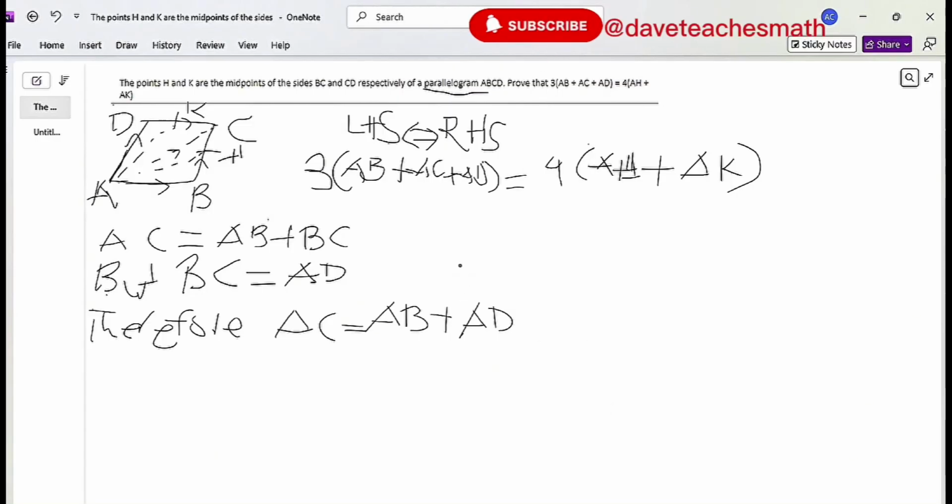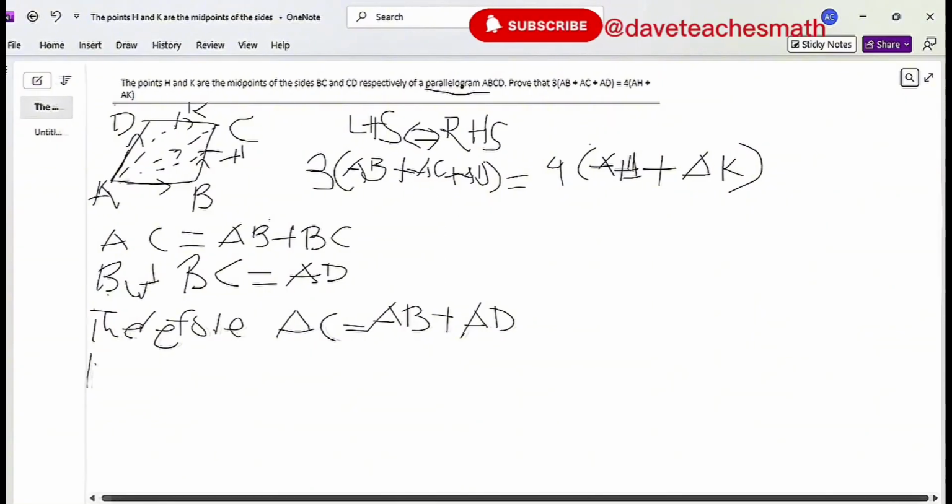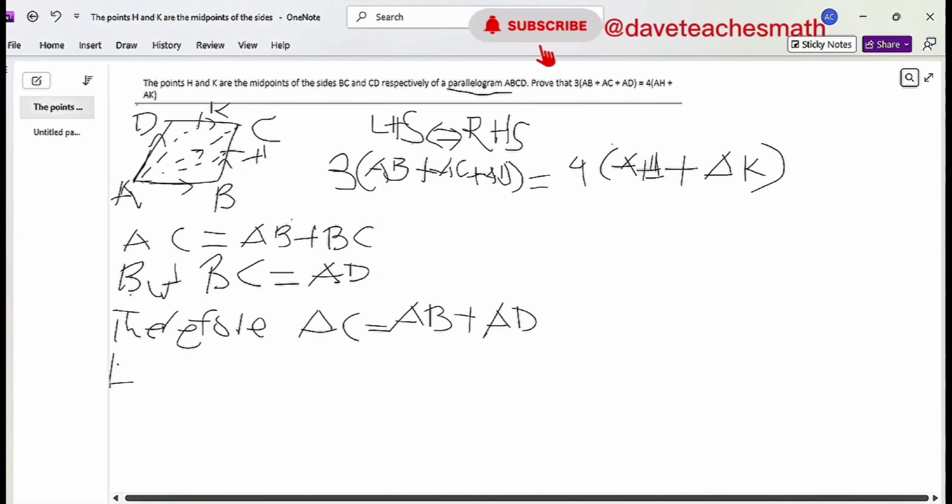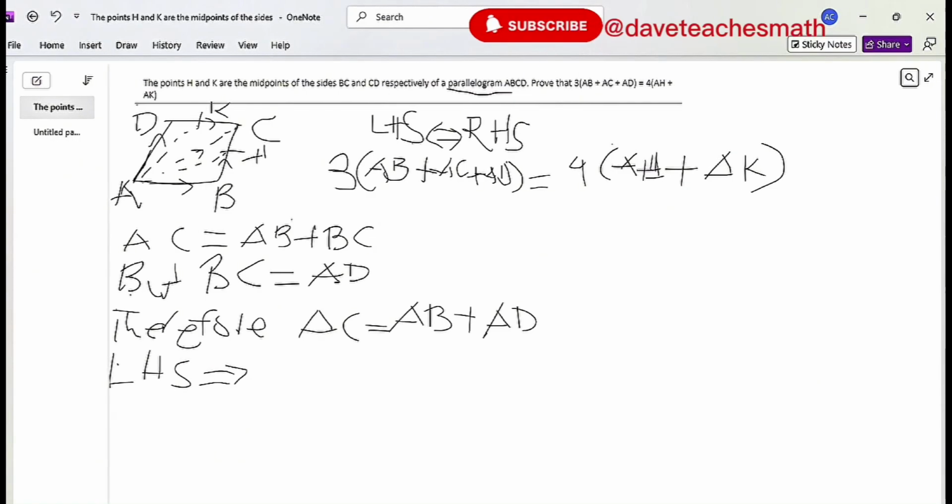So we are going to put AC into the equation for the left hand side. Mind you, we are dealing with the left hand side. So for the left hand side, we have 3AB plus AC, which has been deduced into AB and AD.